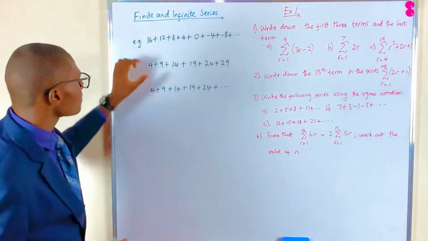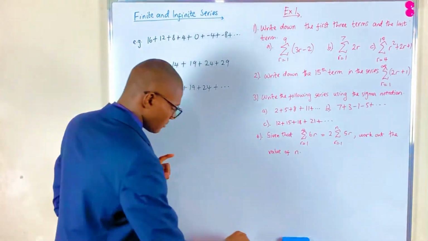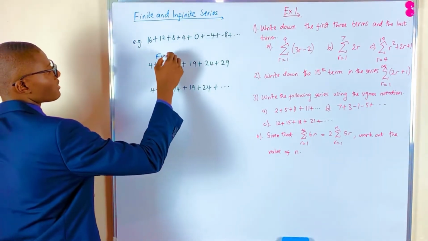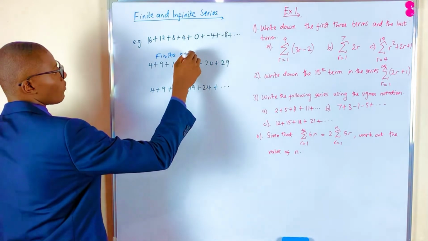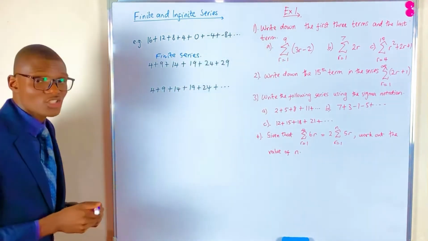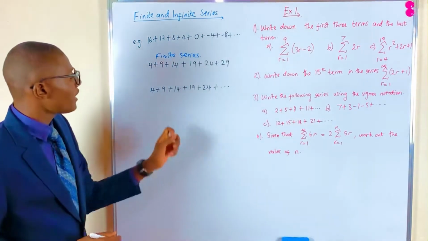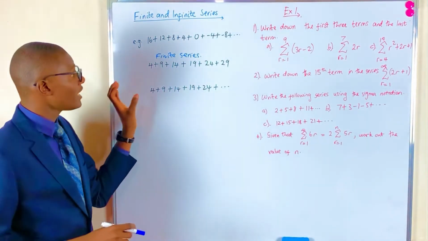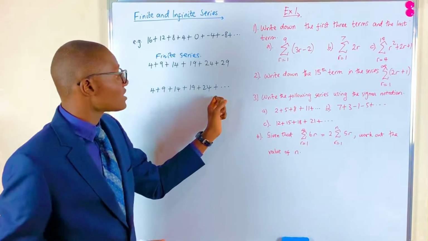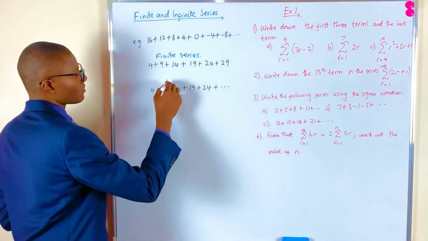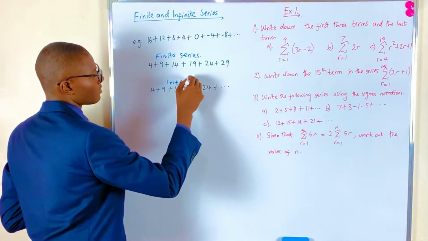So this is what we call a finite series, because it stops at a definite number of terms. And this one is what we call the infinite series because it continues indefinitely.